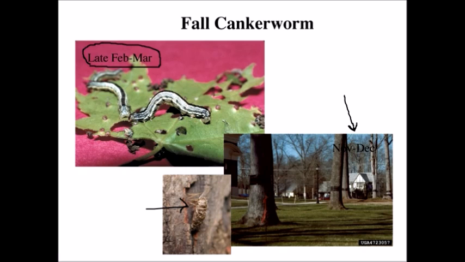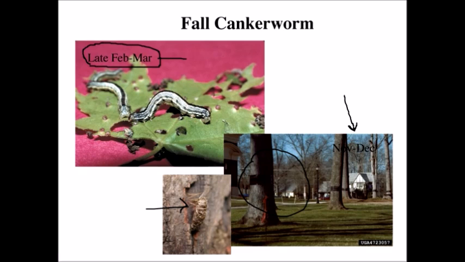They have no wings or useless wings, and they crawl up the tree and lay eggs in the branches at the top of the tree, and then those eggs hatch out and turn into the caterpillars that we're talking about right here. So what you see here with these bands on the trees, these are barriers that have sticky material on them, so that whenever the moths climb up the trunks of the trees, they get stuck in this, and it greatly reduces the number of moths that can get up and lay eggs.